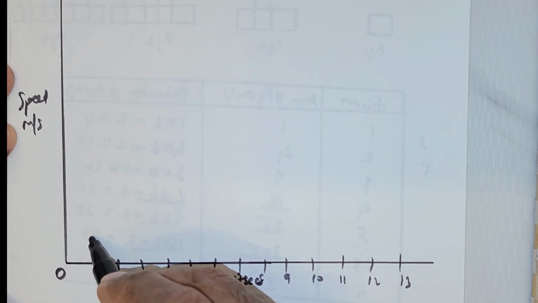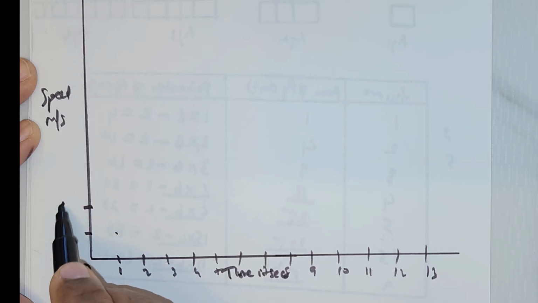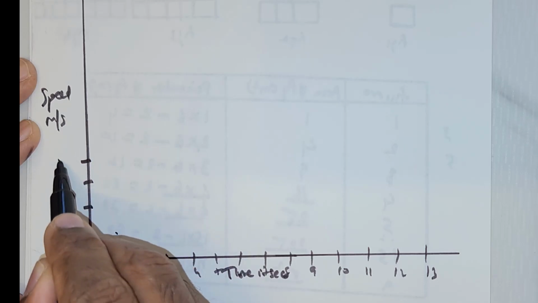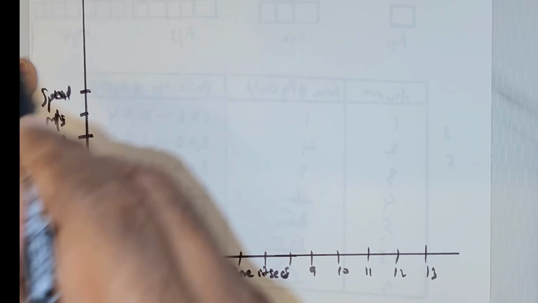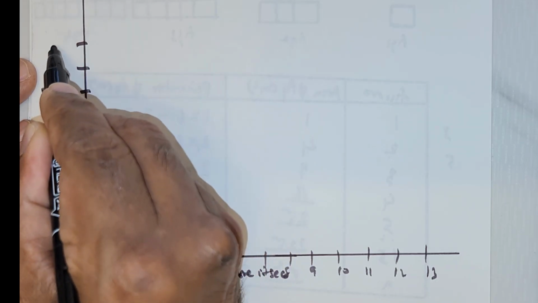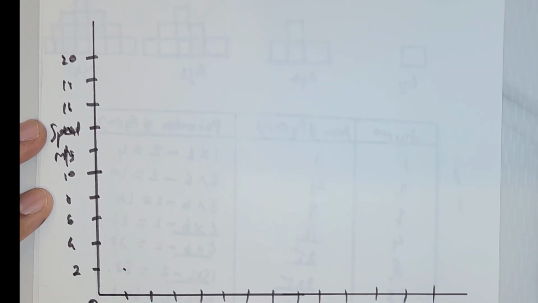So this is going to be 2, 4, 6, 8, 10, 12, 14, 16, 18 and 20.